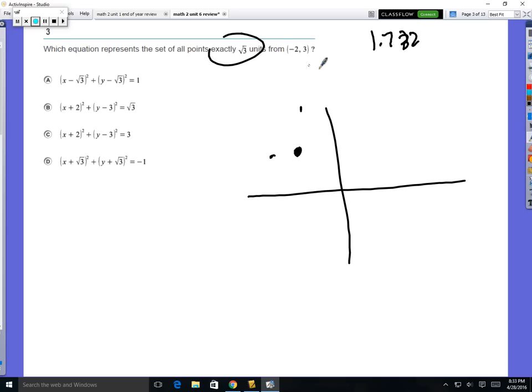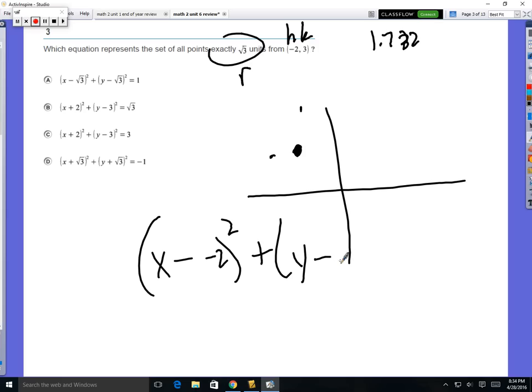Alright, so this is my center, so that is the h and that is the k, and this is going to be the r. So it's almost as easy as the first question, but it's worded differently. So it is going to be x minus the h, which is x minus negative 2, squared, plus y minus the k, squared, equals the r squared, and my r is the square root of 3, squared.